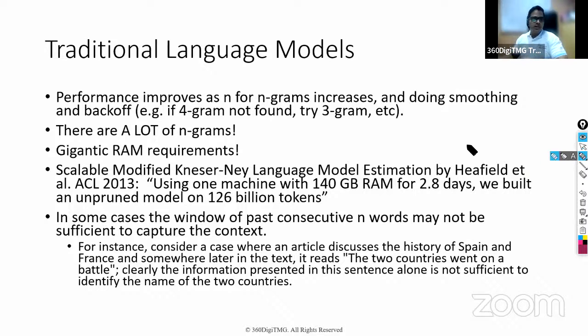But the challenge with the traditional language model is that as the number of grams increases from unigram to bigram to trigram to 4-grams, you'll run out of memory and it will take a huge amount of time. In 2013, people experimented using a machine with 140 GB RAM, which even today is considered a very high configuration.